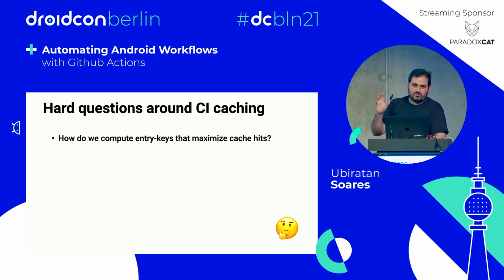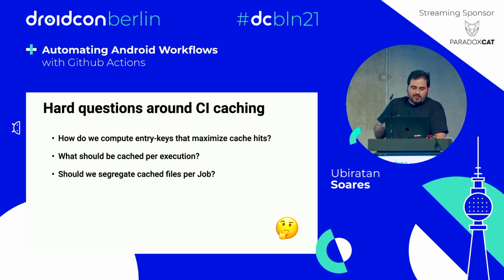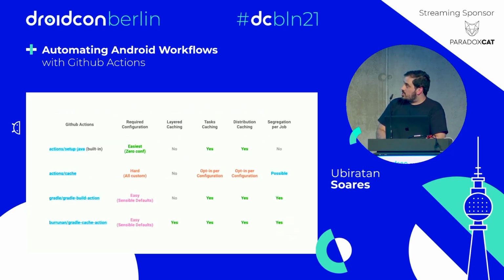Here we are talking about caching terminology, right? What should we cache? Should we segregate the files per job, if you have different jobs with different tasks, these kinds of things, and many more questions. This is a hard question, and to answer such a hard question, we have some options available.